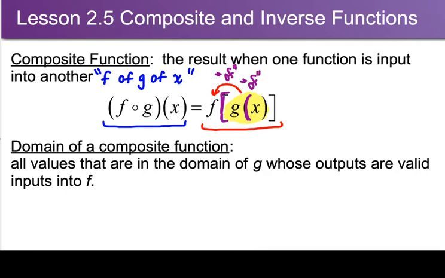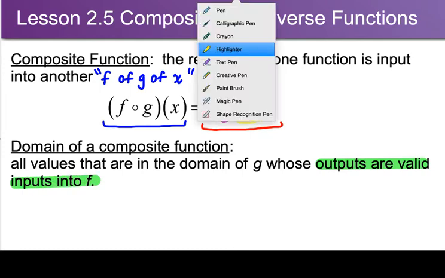Now, the domain of a composite function are all the values that are in the domain of g whose outputs are valid inputs into f. This is important.